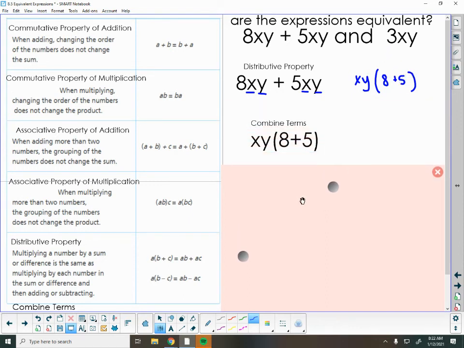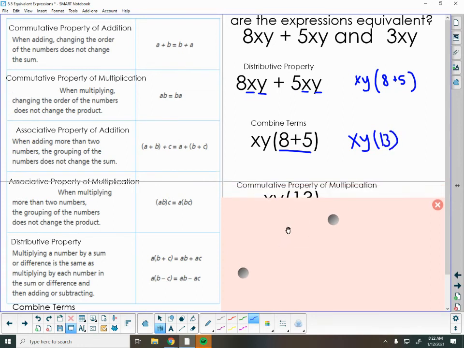So now we want to combine like terms. We don't have any more X's. We don't have any more Y's, but we do have these numbers we can combine. So now we have XY 13. And then we want to use that commutative property of multiplication to rewrite it in the best way.